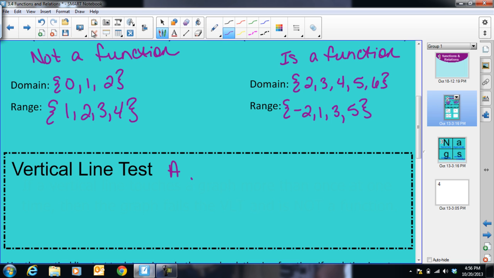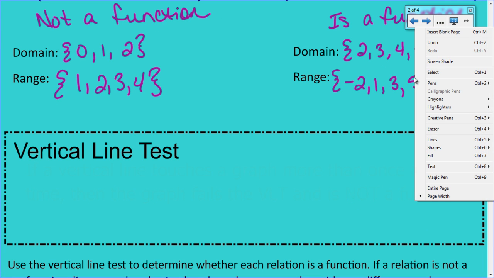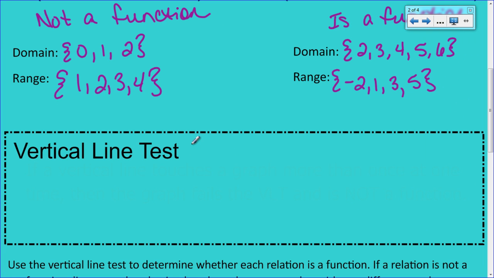In order for a graph to be the graph of a function, it has to pass the vertical line test.